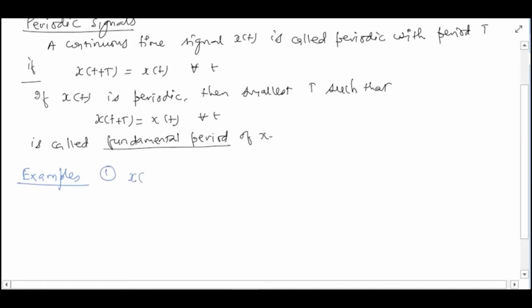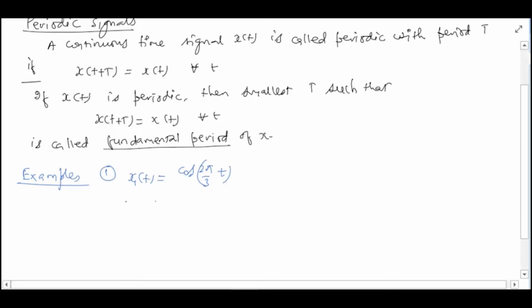Let us consider x1(t) equal to cos(2π/3 t). Observe that x1(t) is periodic with period... so let's see.